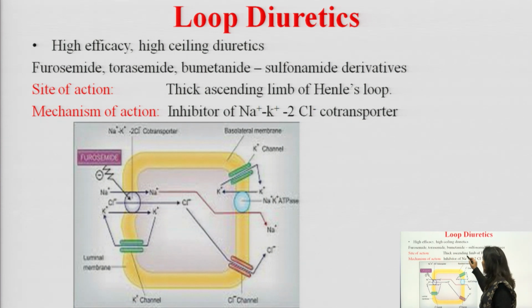The site of action is the thick ascending limb of Henle. As for the mechanism of action, the sodium potassium 2 chloride co-transporter is present on the luminal membrane. Furosemide inhibits this co-transporter by binding to the chloride site.